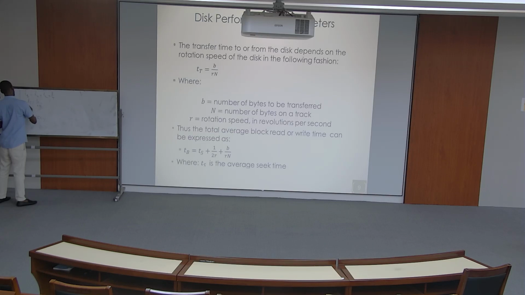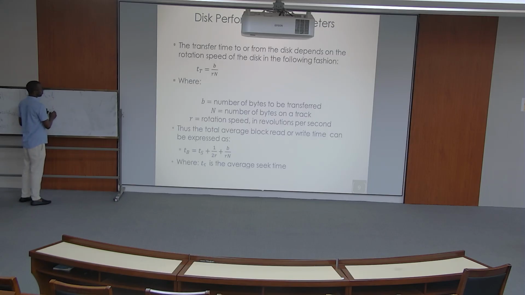We have the total block access time equal to the seek time plus 1 divided by 2R, where R is the rotation speed expressed in revolutions per second, plus B, the number of bytes to be transferred, divided by RN, where N is the total number of bytes on the track.